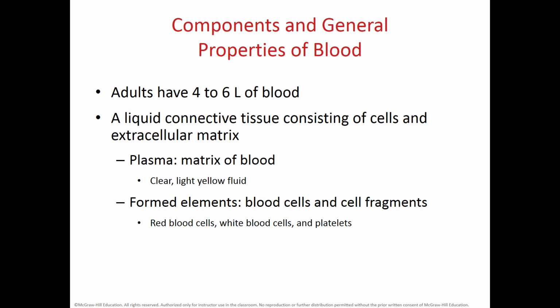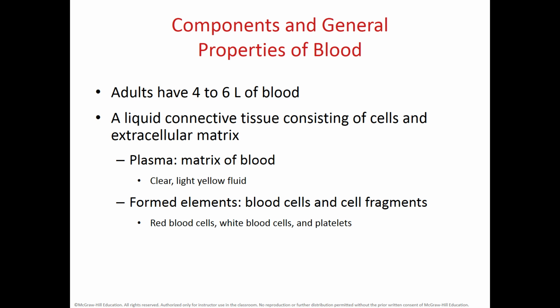Adults generally have about 4 to 6 liters of blood, and blood is a liquid connective tissue that is composed of plasma, which is considered the matrix of the blood, and the plasma has the following characteristics. So it's clear and it has light yellow color.